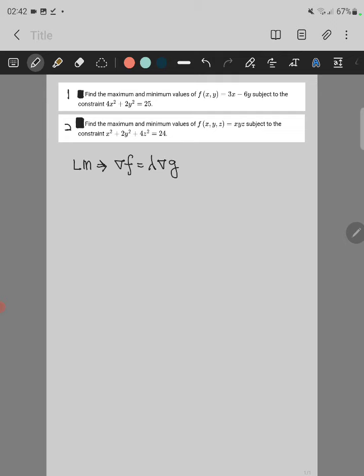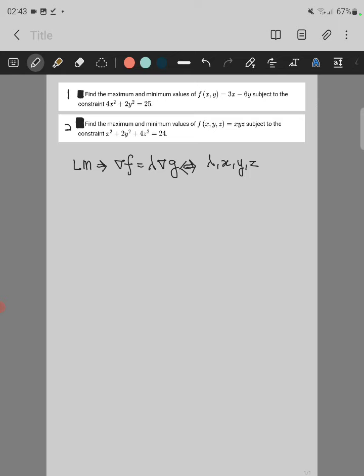From here we need to find all the solutions for lambda, x, y, z. After we find all the solutions that satisfy this, we will find the maximum and minimum values of our function.